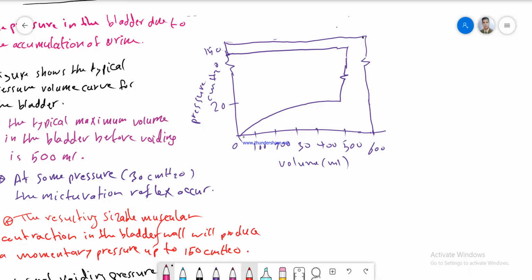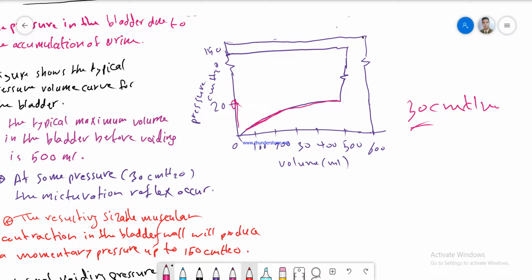As the volume of urine accumulated increases, the pressure also increases, and at a pressure of about 30 centimeters H2O, voiding occurs, or the person goes to urinate.